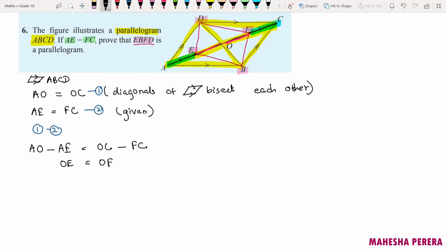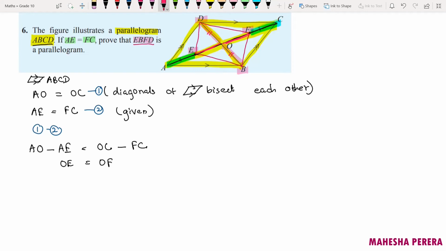Now again, if you consider the ABCD parallelogram, these two lengths should again be equal. Why? The same reason, diagonals of a parallelogram bisect each other, right? So this length and this length should be equal.